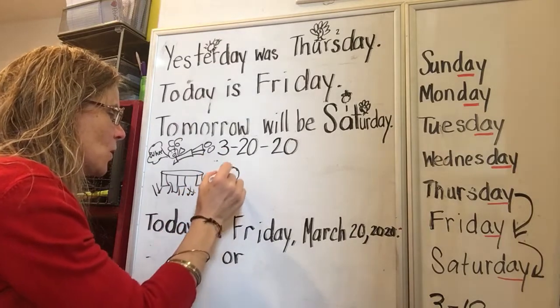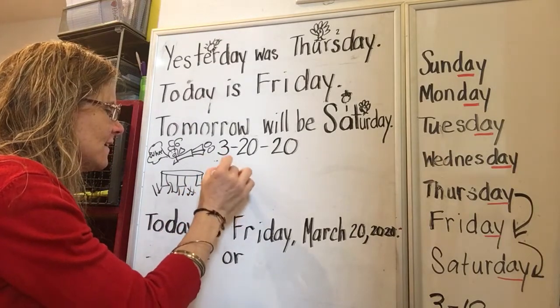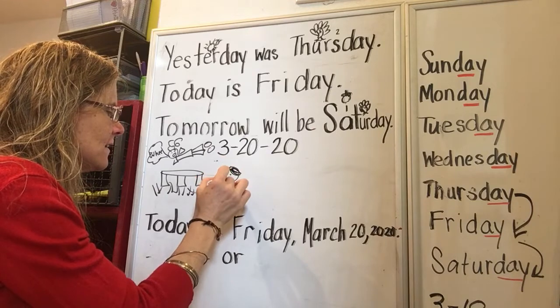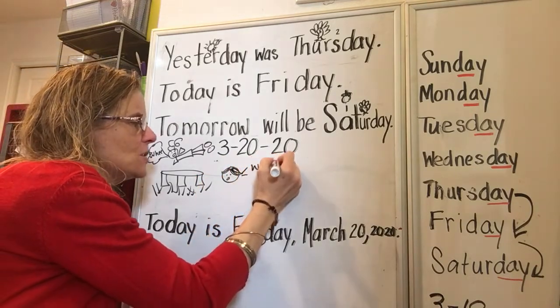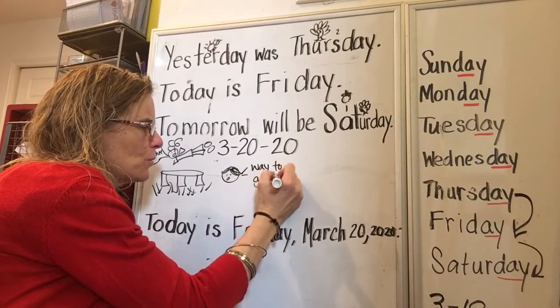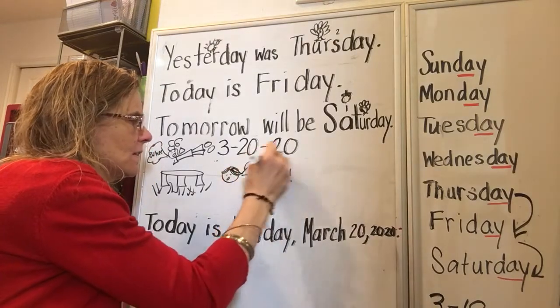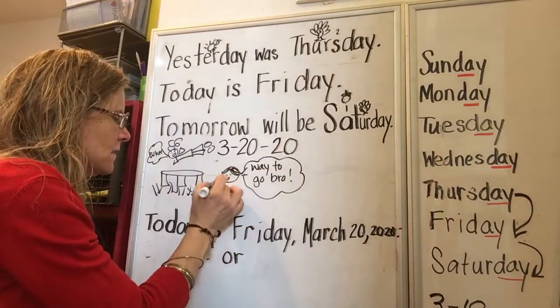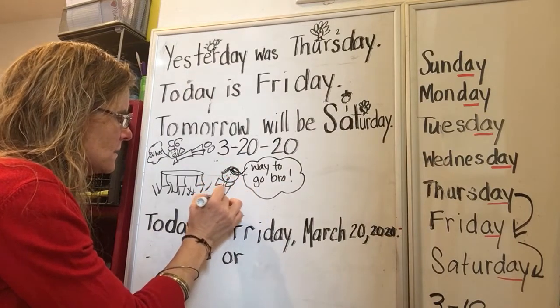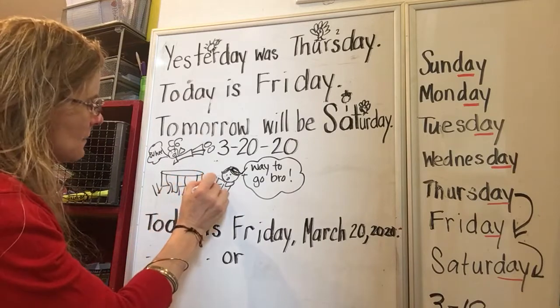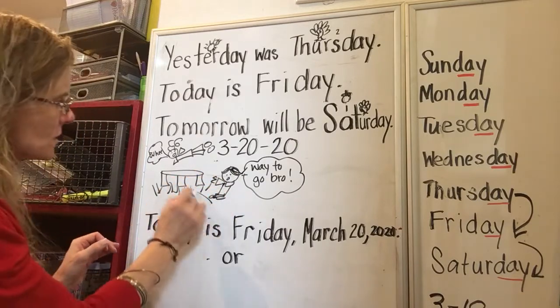So here's Brecken. Way to go, bro. I know he needs a body. He was sitting down. So he was, oh, you need some hands, huh? So there's Brecken, there's Regan.